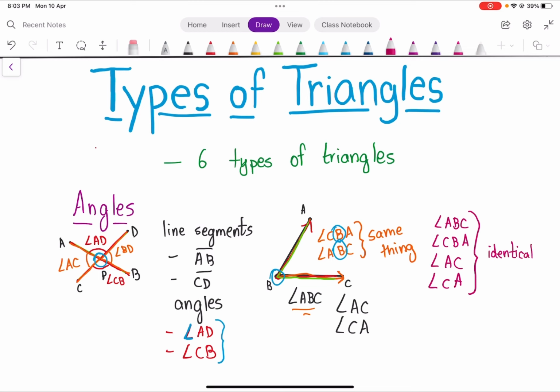If you're wondering which one out of all four of these is most commonly used, well, that's a good question, because usually we only use ABC or AC, because mathematicians like to put everything in alphabetical order.